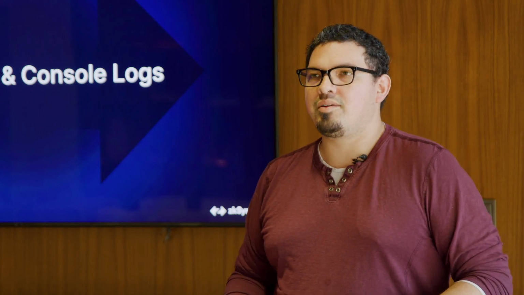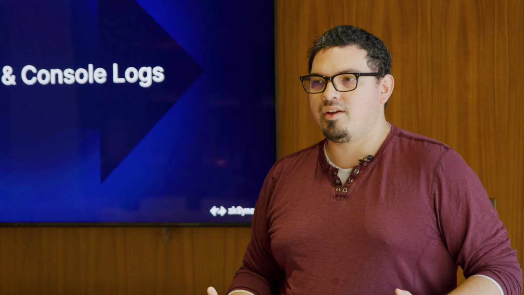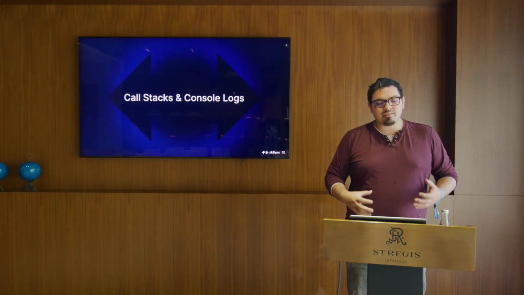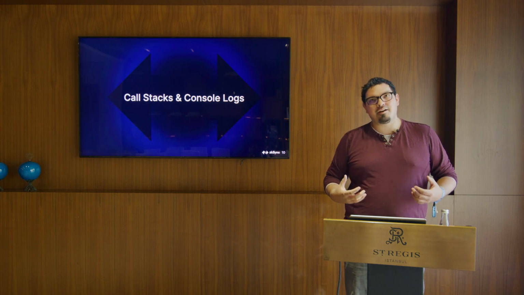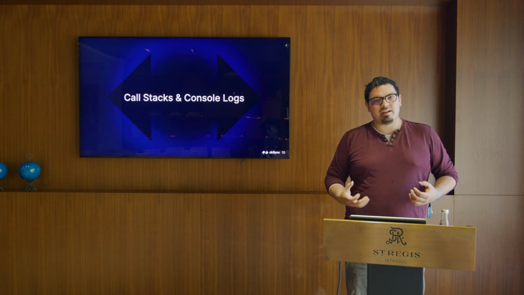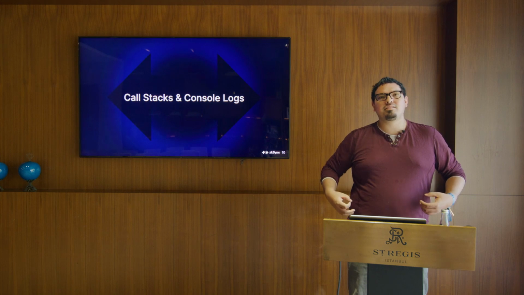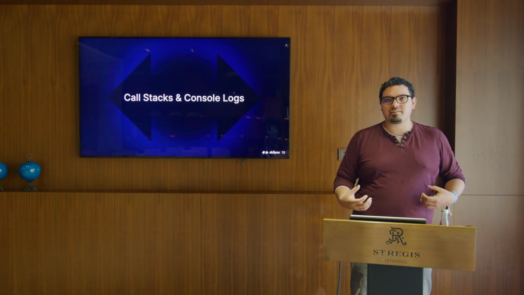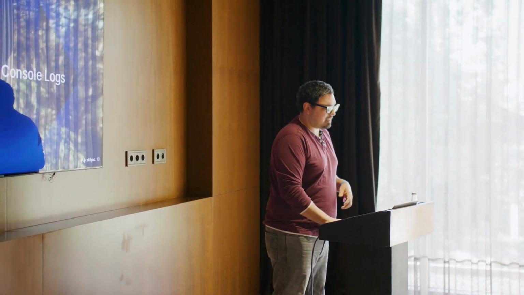Let's go into the next section of implementing new features or improved features for era test node when it comes to local development and debugging. So call stacks and console logs are very important when it comes to debugging, especially console logs is a great way inside of smart contracts so that you can see what's happening inside of the method as you are running your tests and get that feedback.